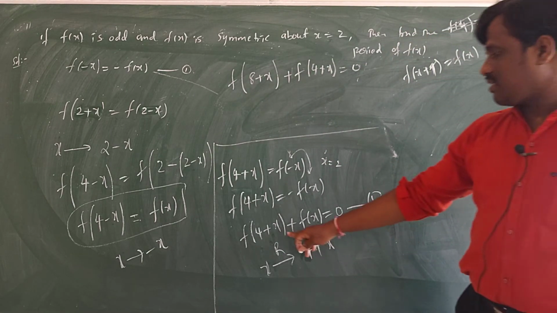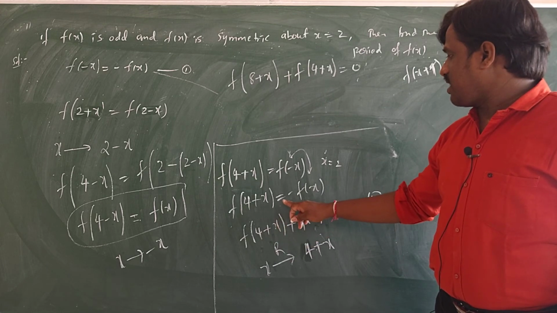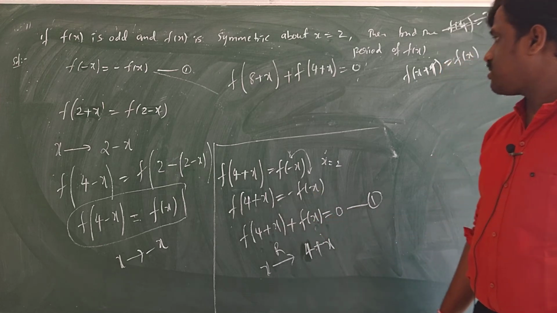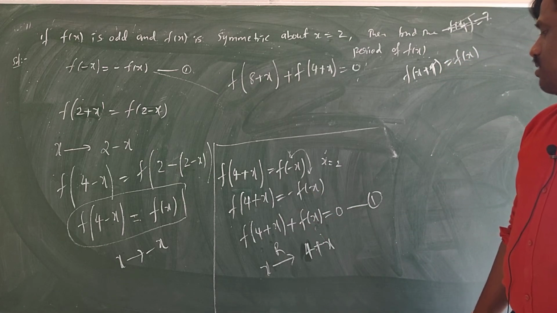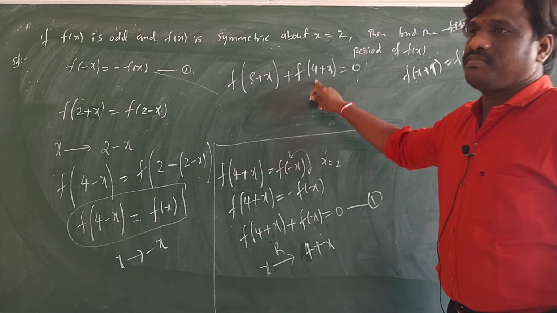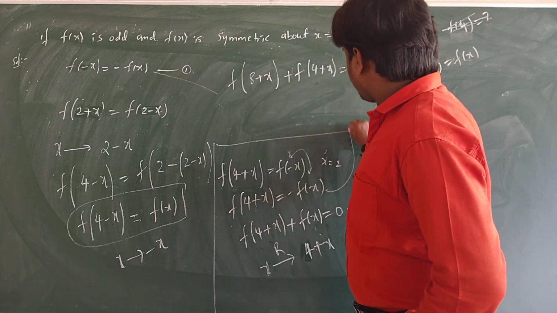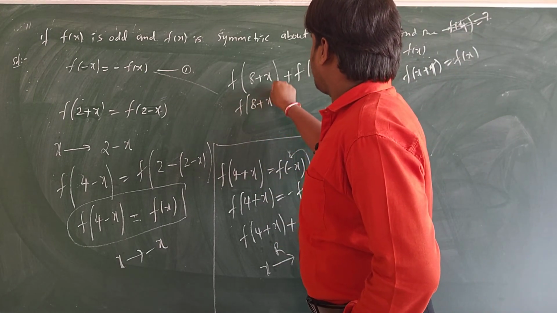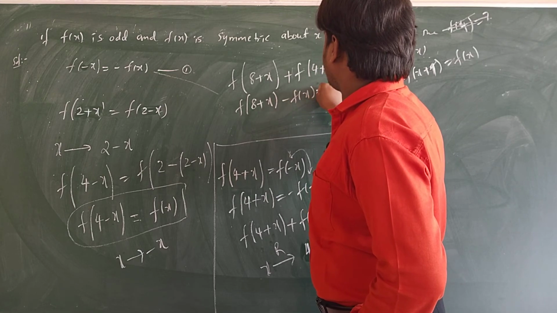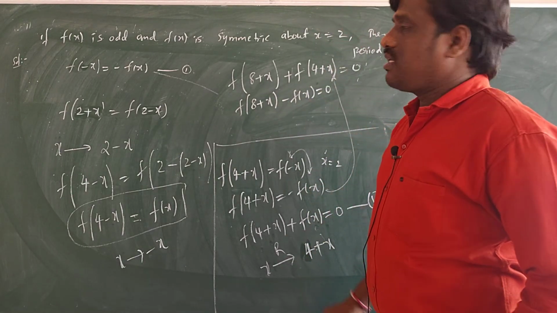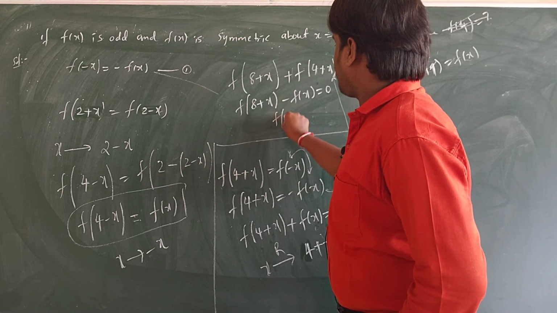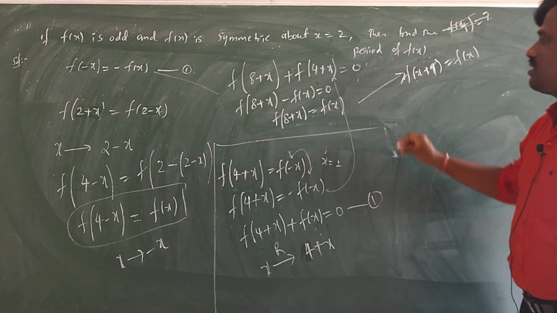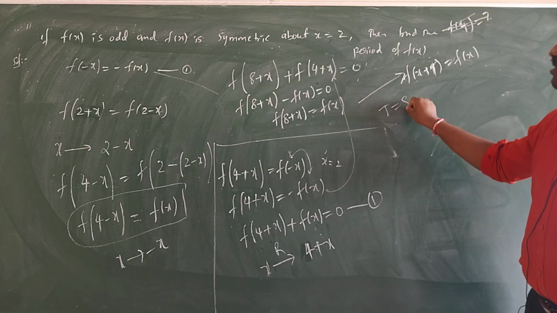But from here, I can say f of 4 plus x is what? Minus f of x. So f of 8 plus x minus f of x is equal to 0. If I send that side, f of 8 plus x is equal to f of x. Came to this format. So t is equal to 8.